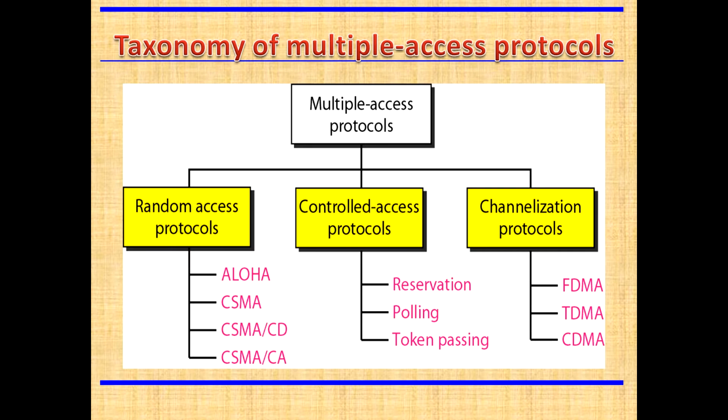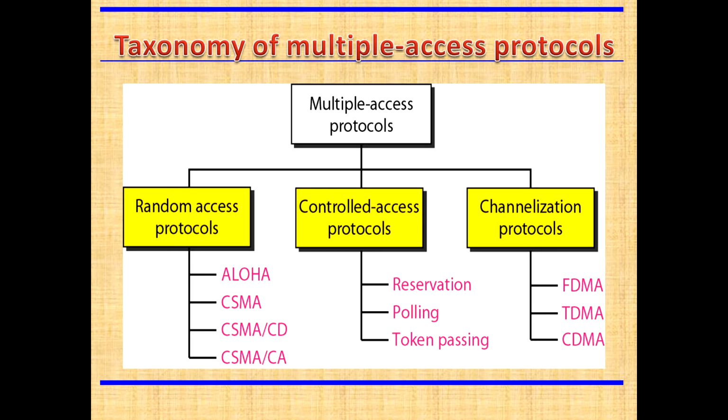In random access protocols: Aloha, carrier sense multiple access, carrier sense multiple access with collision detection, and carrier sense multiple access with collision avoidance. In controlled access protocols: reservation, polling, and token passing. In channelization protocols: FDMA, TDMA, CDMA, that is frequency division multiple access, time division multiple access, and code division multiple access.